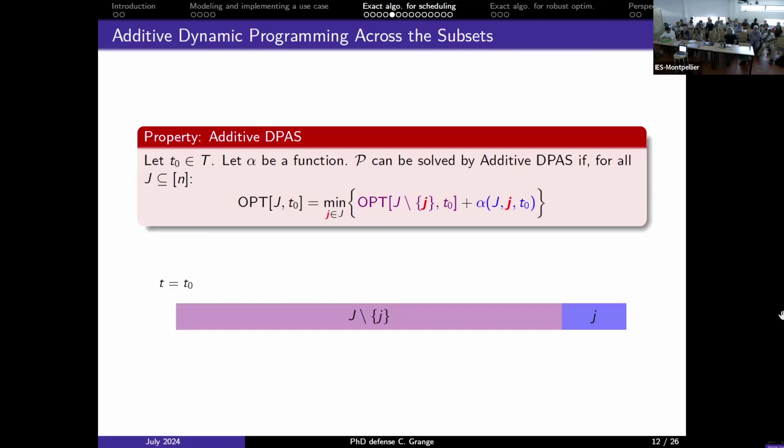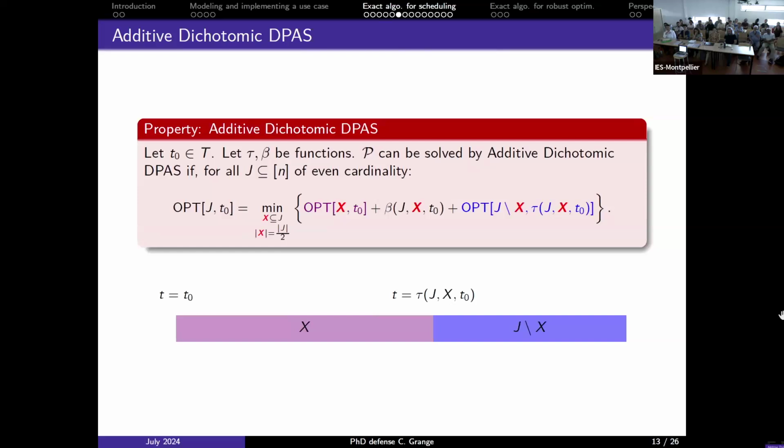So this dynamic programming is quite common to solve scheduling problems, but we had to generalize it in order to solve this problem with our algorithm. So here is the second property, which is a generalization of the previous one. So this is called the additive dichotomic DPAS. And what is the difference? Well, the main difference is that instead of isolating the last job at the end of the permutation, here we will split the set of jobs J, and we will find the best concatenation over all sets of jobs X, such that X has a cardinality equal to the cardinality of J divided by 2.